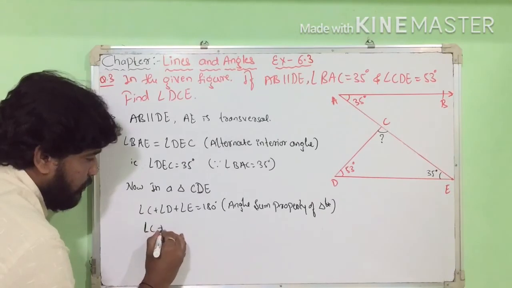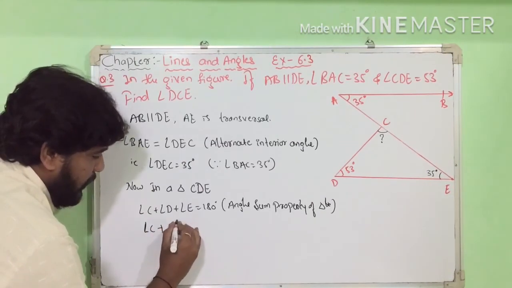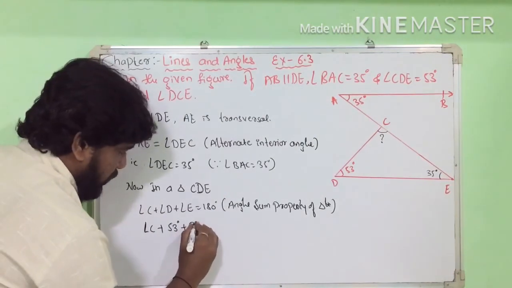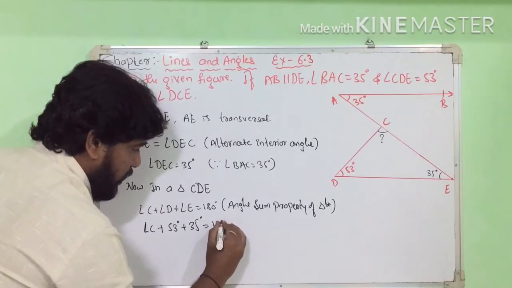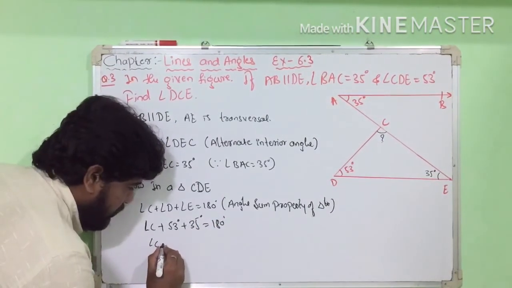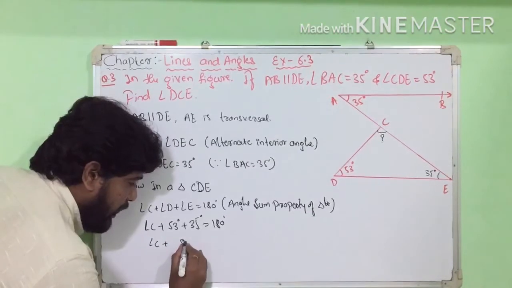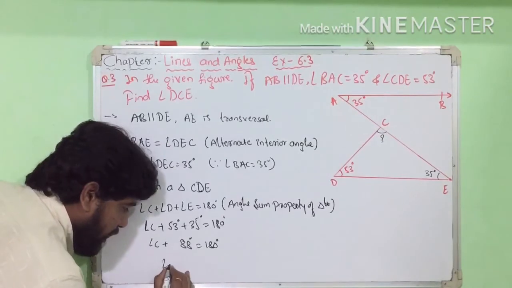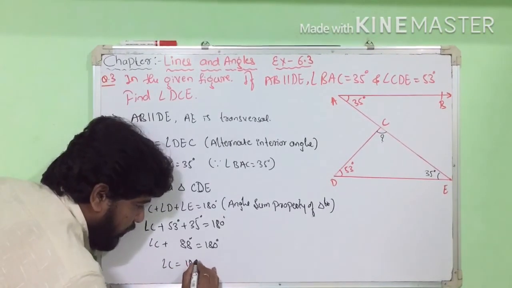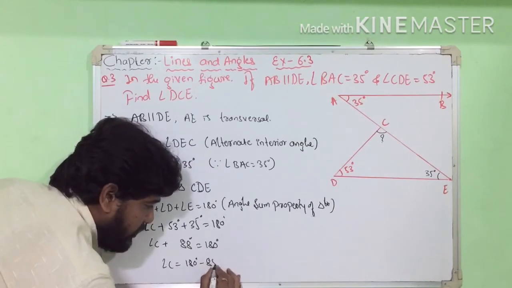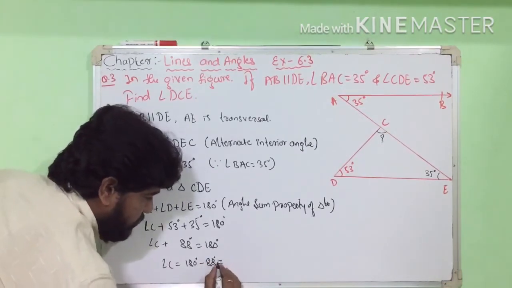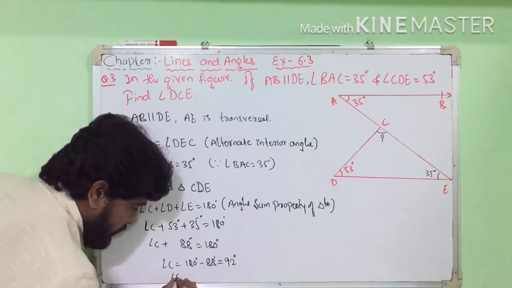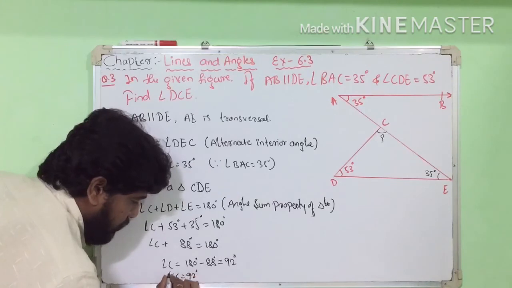Angle C plus angle D is 53 plus angle E is 35 degree is equal to 180. Angle C as it is plus the sum of these two is 88 degree. This is equal to 180 as it is. So angle C is equal to 180 minus 88. It comes to the RHS side, it becomes a minus. So make this minus, we got 92 degree. Right? So angle C is equal to 92 degree.